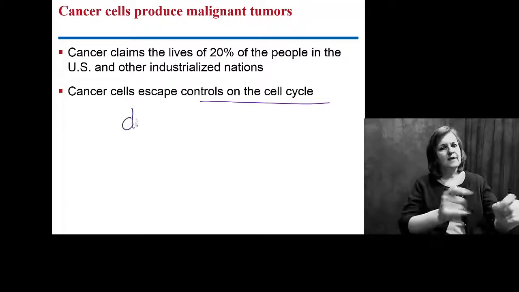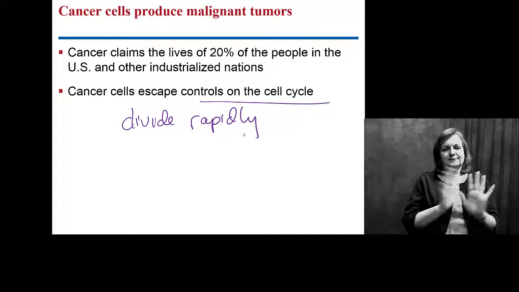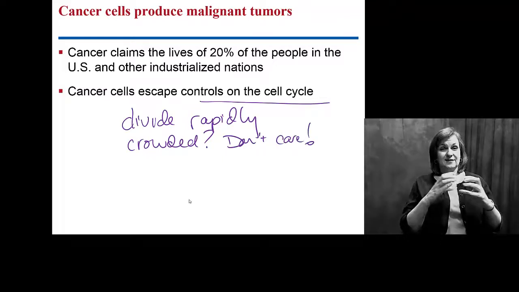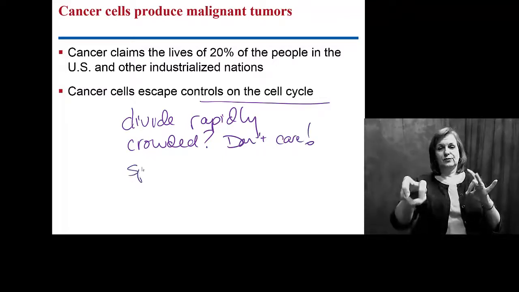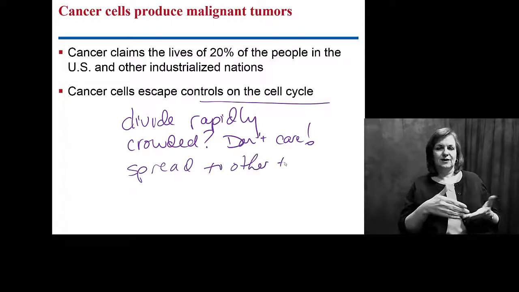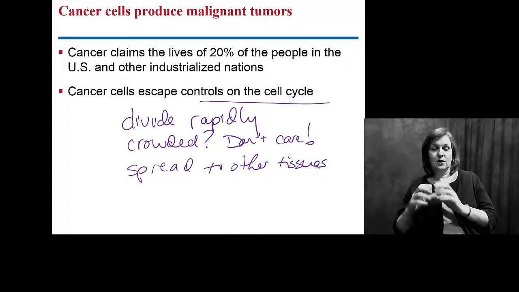So the cells divide rapidly. They don't care if they're crowded. And then they can actually start to spread to other tissues and places in your body where you would not normally expect to find them.